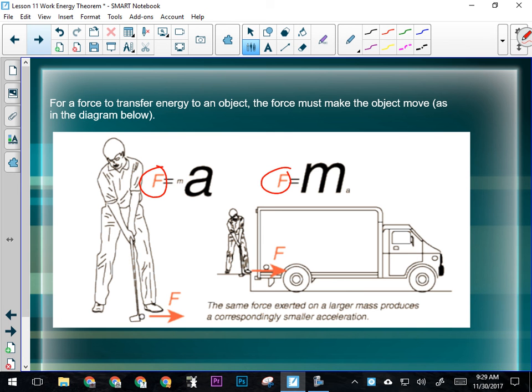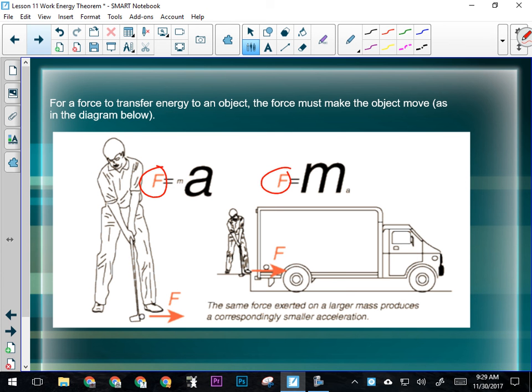Not only will I hear it, but if I have my hand on the truck, I'll feel it, which means he moves every single particle in that truck. Doesn't mean he gets the truck as a unit to move, but he makes all the matter in the truck move. So he changes the kinetic energy of every single particle that makes up that truck, because that vibration is passed through the truck to the front, and I'd be able to feel it. So he's still doing work, just not making the truck as a unit move.